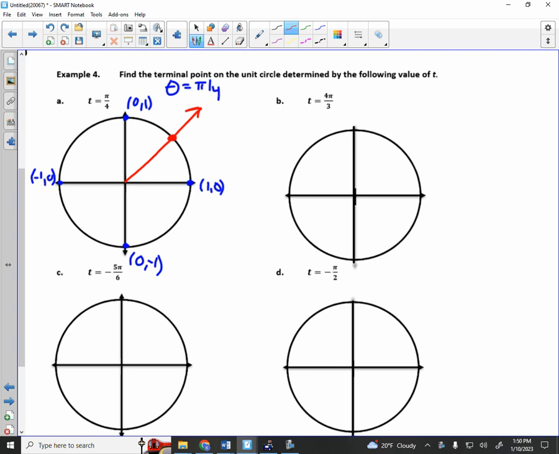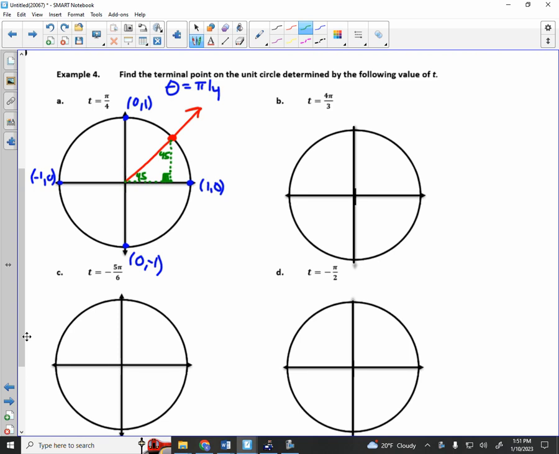Well, fortunately, what I could do is I can use the geometry of our special right triangles. And so I have this special right triangle right here. What is the angle of the special right triangle? It is a 45, 45, 90. Any question how I came up with that?